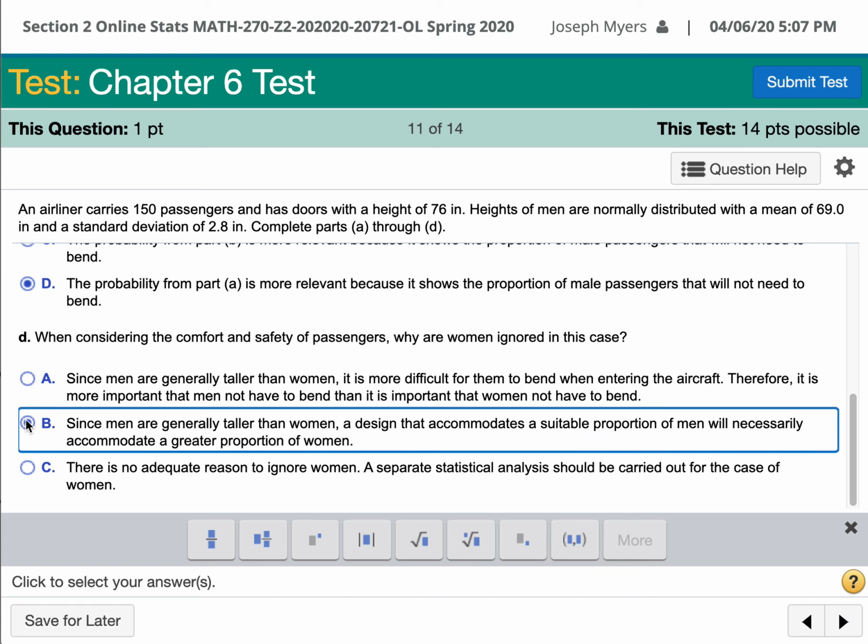Yes, okay, so I'm going to go with B. If you want to include almost all men, and you have a doorway that's tall enough to include almost all of the men, then it will also include almost all of the women as well, because in general, not always, but on average, men are taller than women.